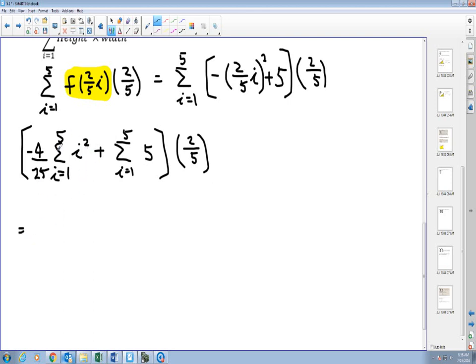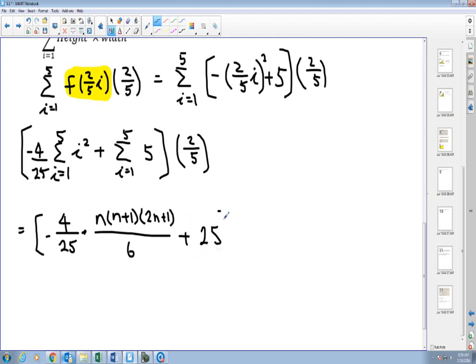Alright, this first sum in the bracket, negative 4 over 25 times the sum of i squared, from the formula earlier is n times n plus 1 times 2n plus 1 over 6, plus this second term here in the bracket. 5 is a constant, so we take n times 5, which will give me 25. These two terms in the bracket will get multiplied by 2/5 at the end.